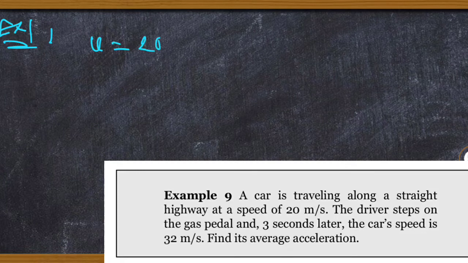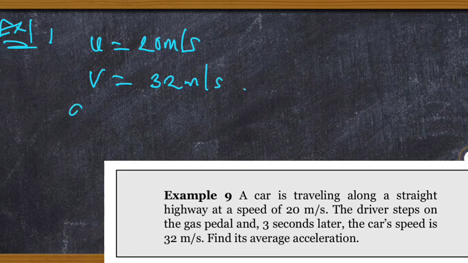The driver steps on the gas pedal, and 3 seconds later, the car speed is 32 meters per second. The final speed of the car is 32 meters per second. Now, they say find the average acceleration.